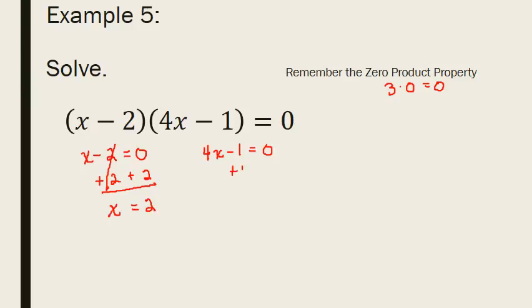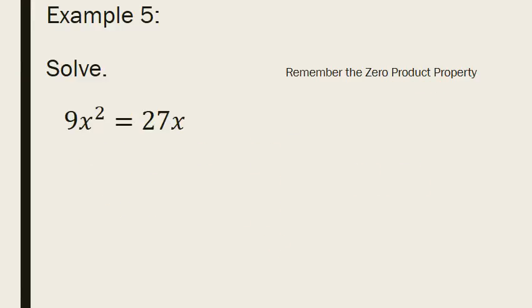Add 1 to both sides on this one. 4x equals 1, divide both sides by 4, and I get x equals 1/4. So our solution here would be 1/4 and 2. And those braces around the 1/4 and the 2, those are what we use to show that those are the solutions. Let's look at another example similar to this.